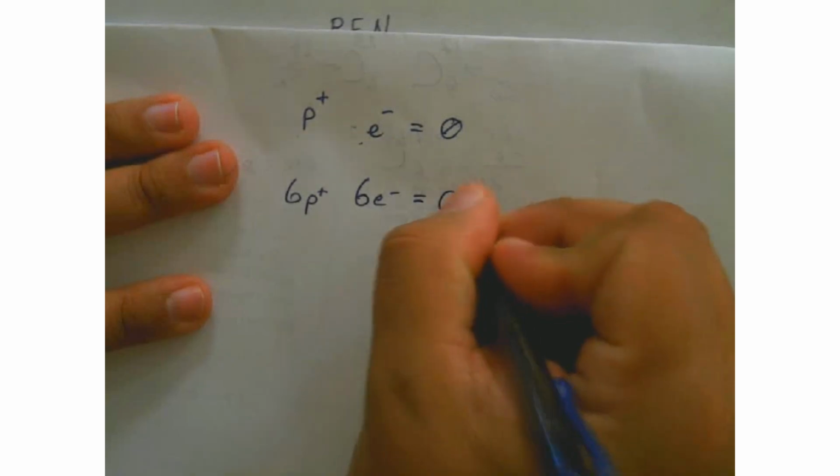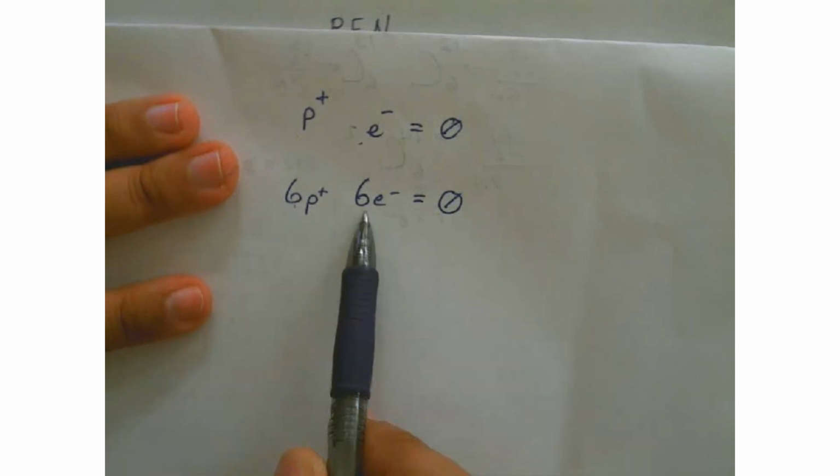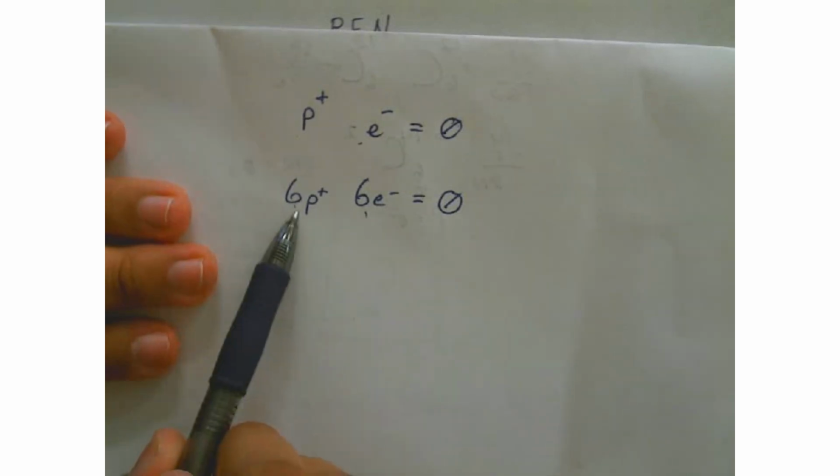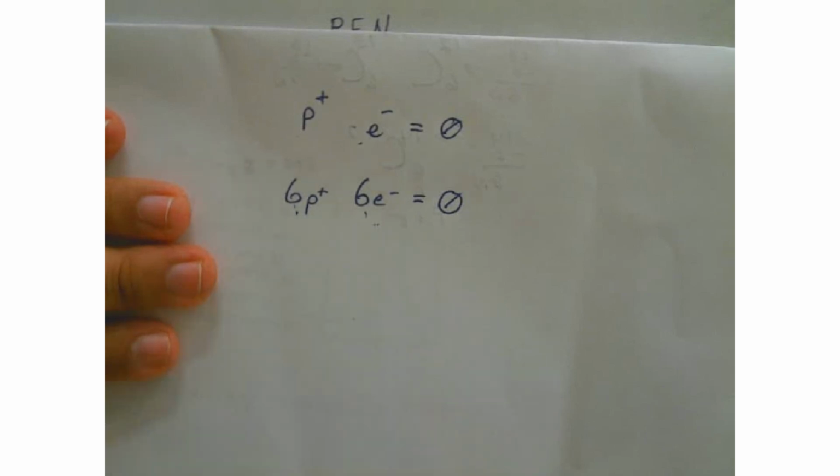We end up with a net charge of 0. Whenever you're looking at the periodic table, you're going to notice that the atomic number, since it tells you protons and electrons, means all the elements are neutral because the protons match the electrons. Well, we know the number of protons can't change because that characterizes the element. But the number of electrons can change.